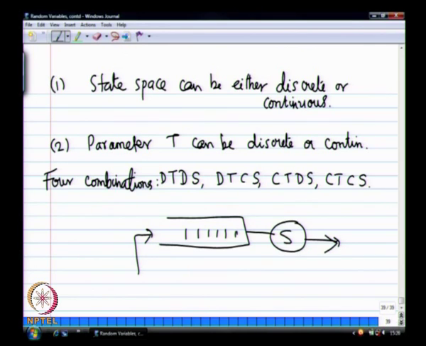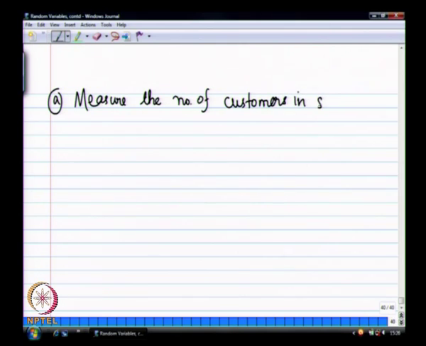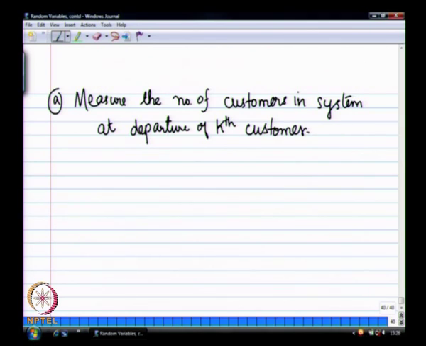So in this system, if I define a variable where we measure the number of customers in the system, or number of packets in that buffer, whatever it is, say my variable is n_k, where k is 1, 2, 3.